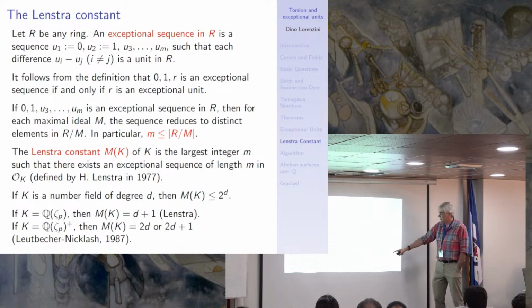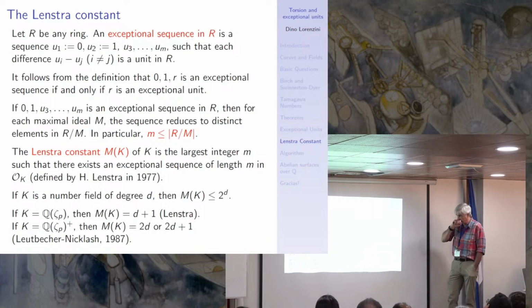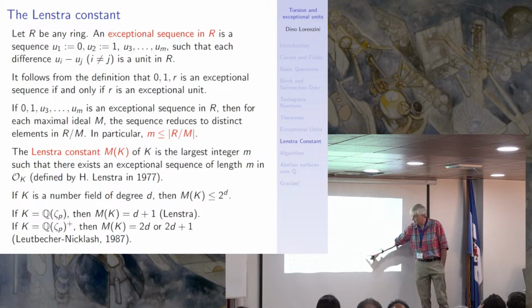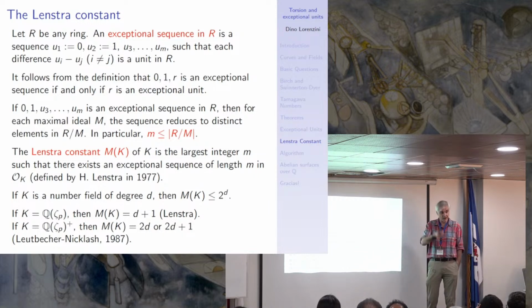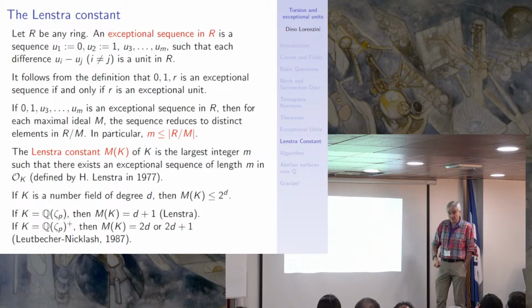Now, just an example, the Lenstra constant is bounded by 2 to the d. That's because over 2 you have a maximal prime that has a norm at most 2 to the d.